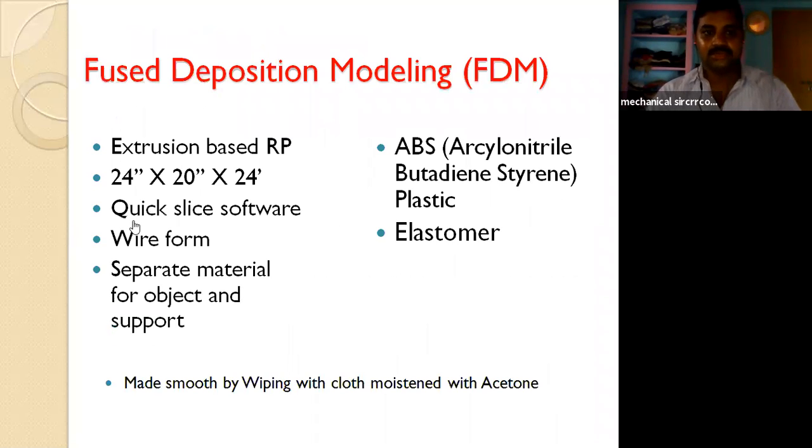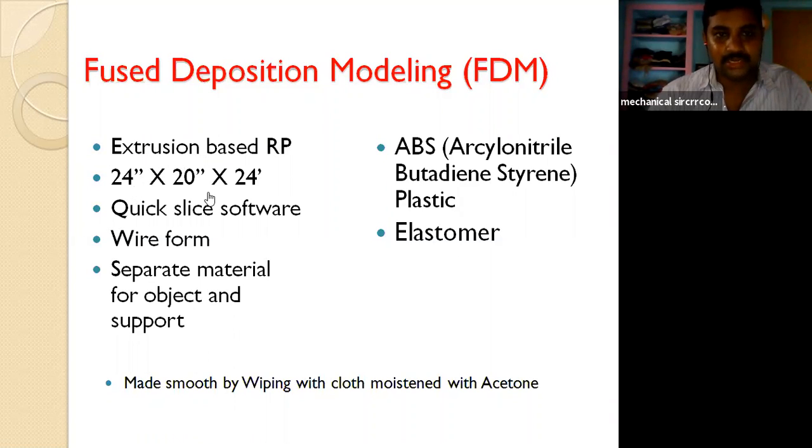So here, for the material used in extrusion, some parameters are to be remembered. The material is ABS, acrylonitrile butadiene styrene plastic and elastomer. These are the chemical names you need to remember. What kind of rapid prototyping technique is it? It is an extrusion based rapid prototyping technique.